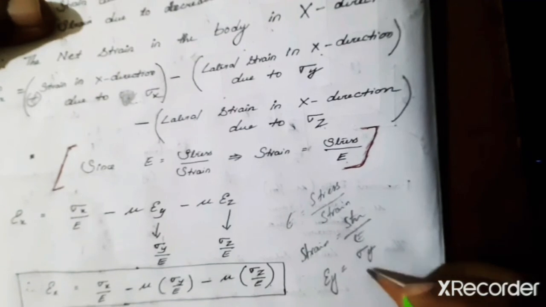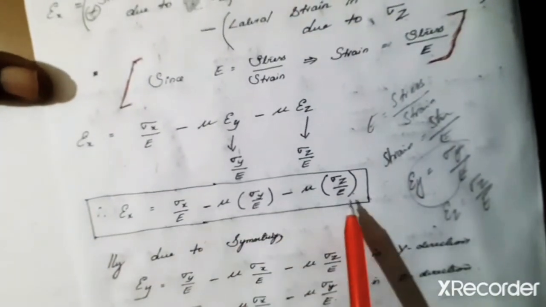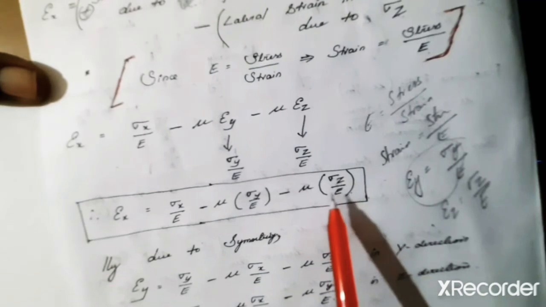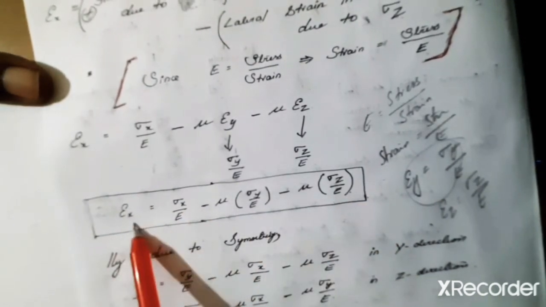Stress in y direction divided by E. And if it is epsilon z, stress in z direction divided by E. Now by substituting, I got this equation, which represents the net strain in the x direction.